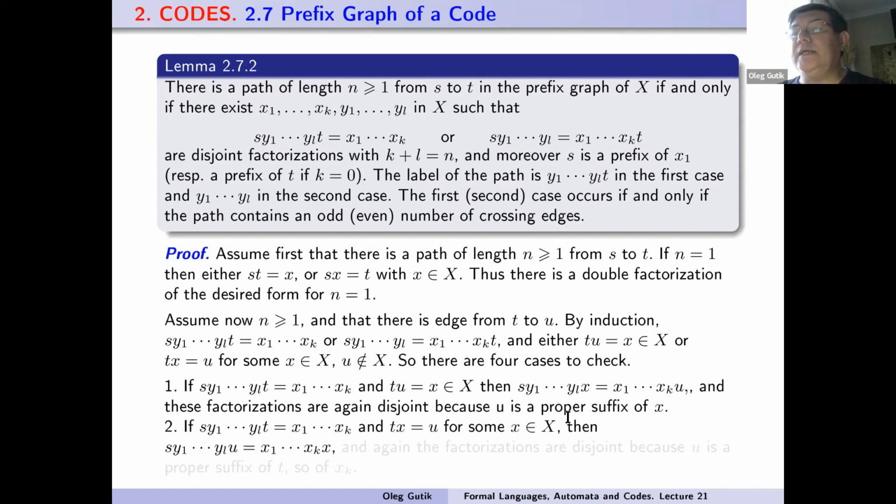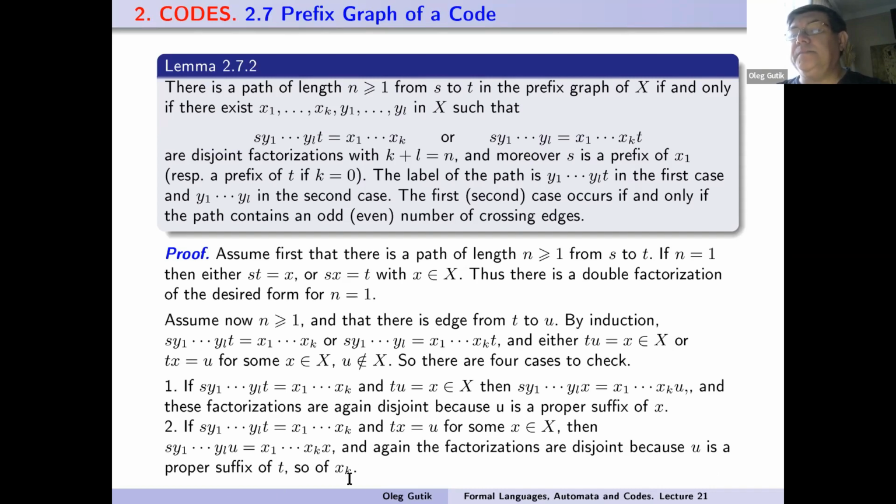The second case, if the word s y1 so on yl t is equal x1 so on xk and tx is equal to u for some word x from X capital, then we get s y1 so on yl u is equal x1 so on xk x. And again, the factorizations are disjoint because the word u is a proper suffix of the word t, and so of the word xk.